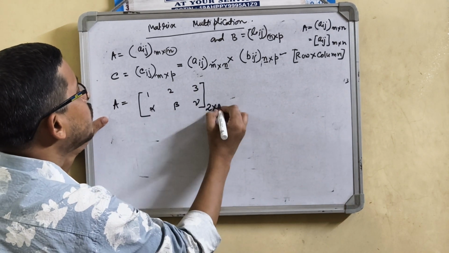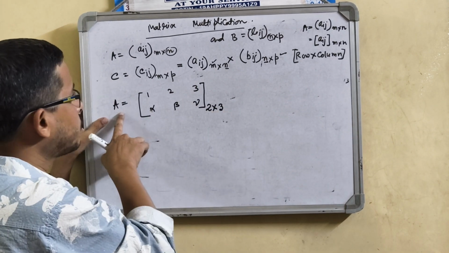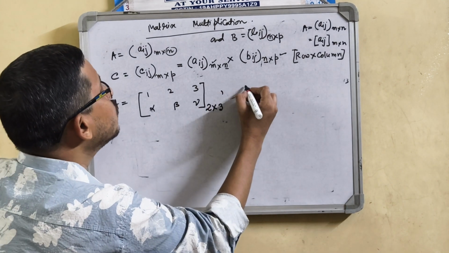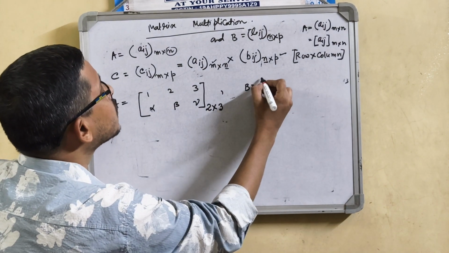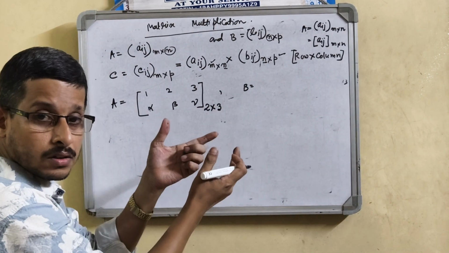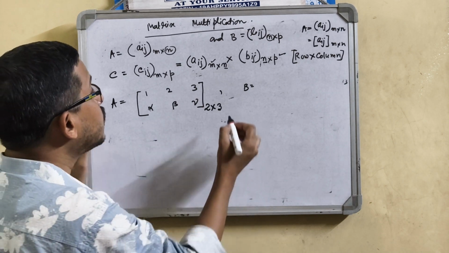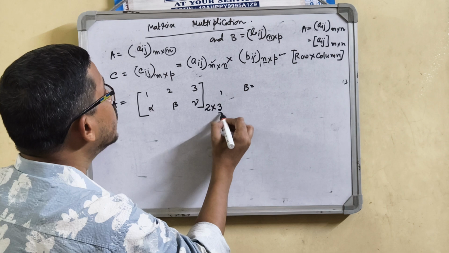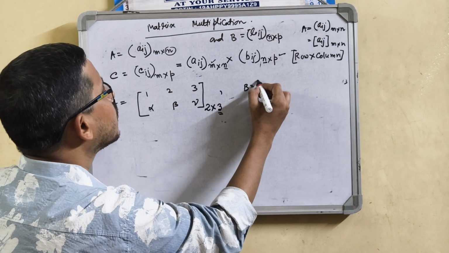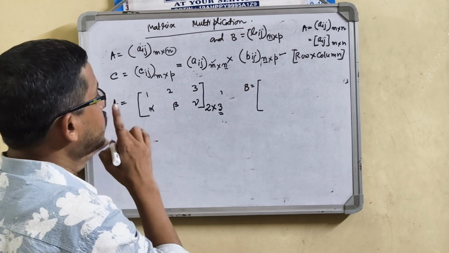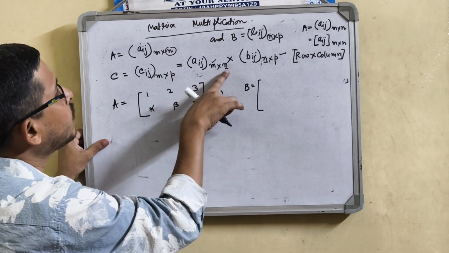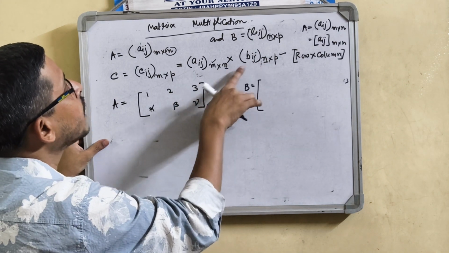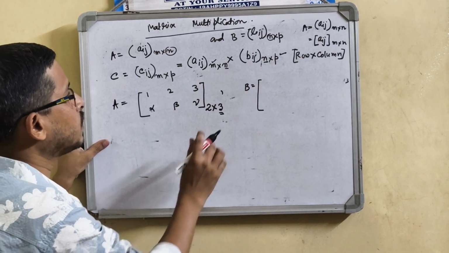And how many columns? 3 columns are there for the matrix A. Now we have to construct a matrix B in such a manner that the number of rows should be equal to 3 for the B matrix. Number of rows should be equal to 3, otherwise it is not defined, according to the definition.